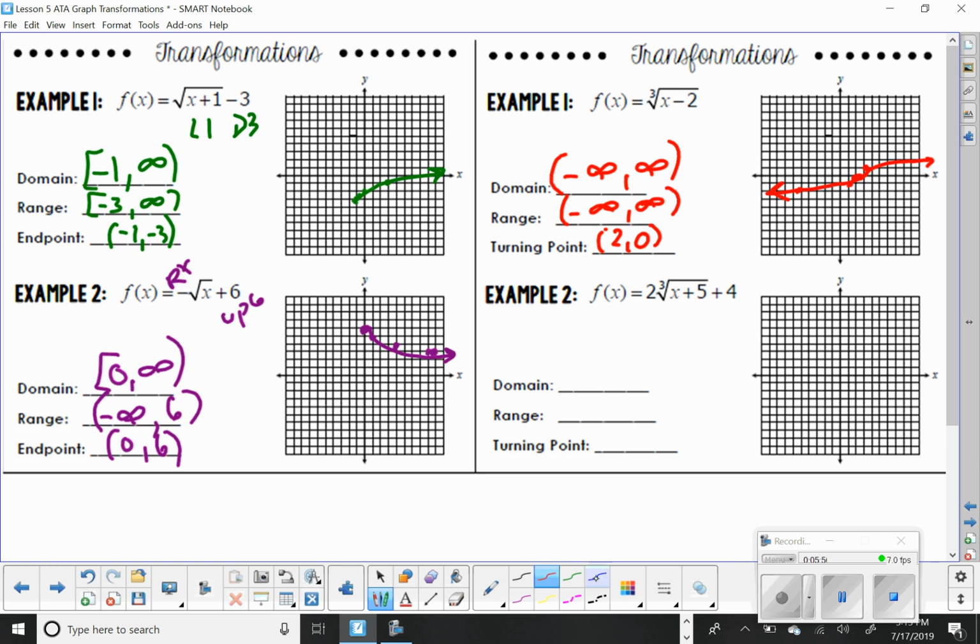This one down here, we have a vertical stretch of 2. We went left 5 and up 4. So left 5 and up 4 puts my turning point at negative 5, 4. 1, 2, 3, 4, 5. 1, 2, 3, 4.